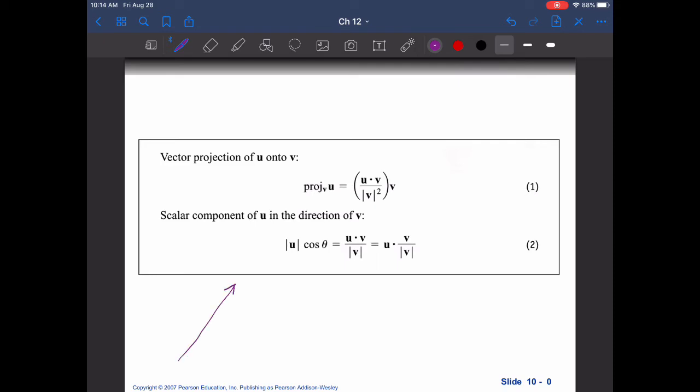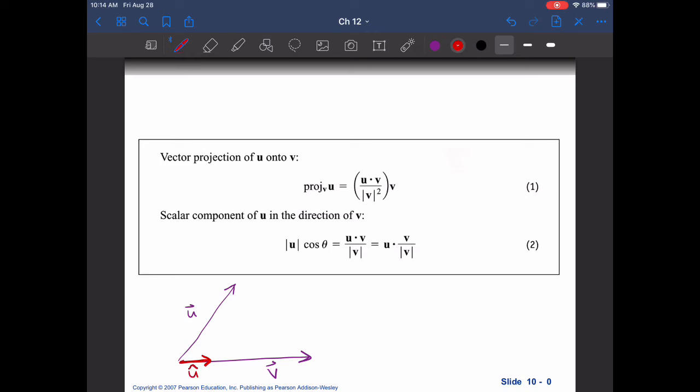So we have u here, here's some vector v. I don't want the length of vector v interfering with the length of the resultant vector that I get. So what I can do is actually take the unit vector v, a vector that points in the same direction as v, right?